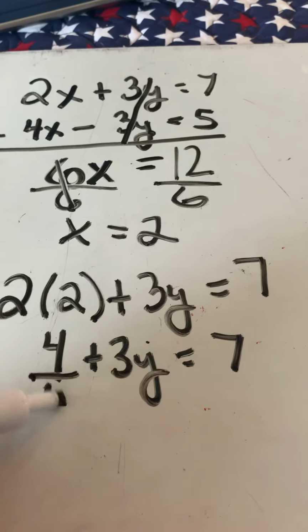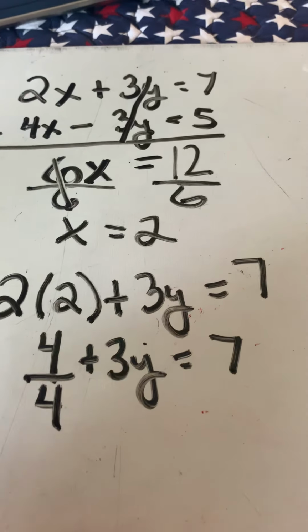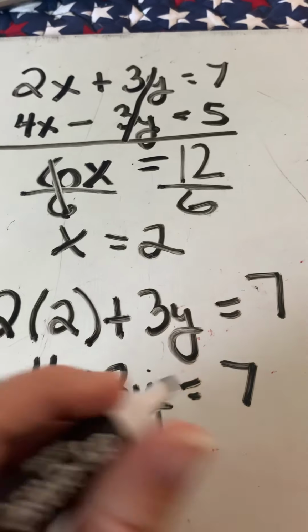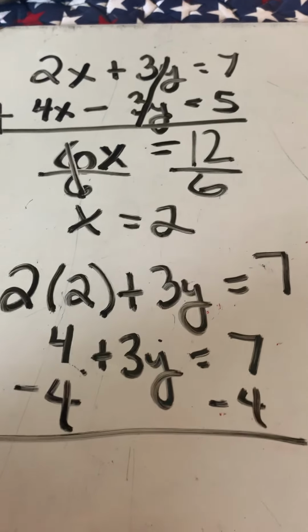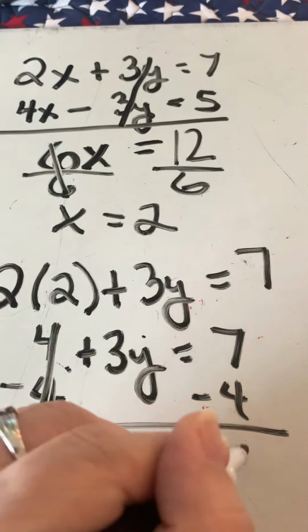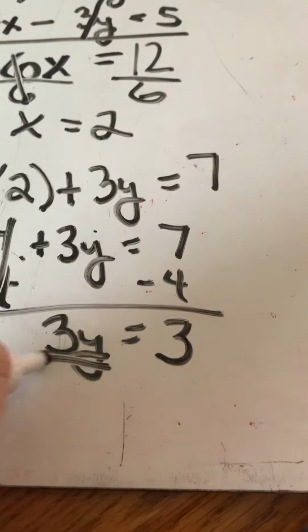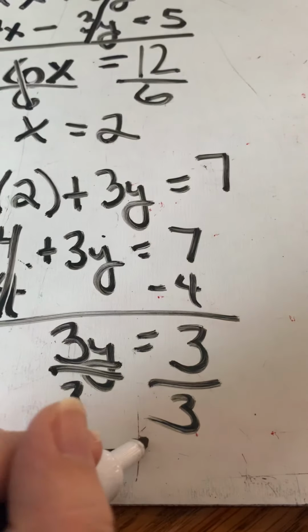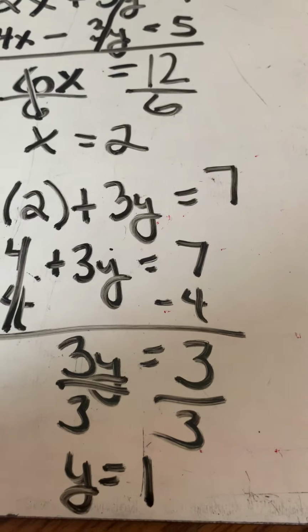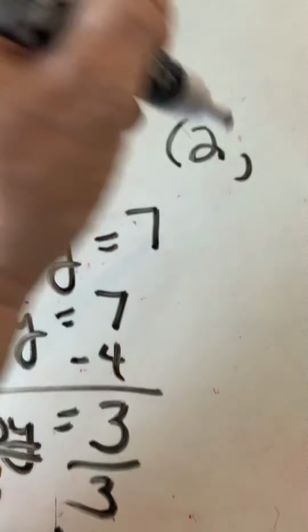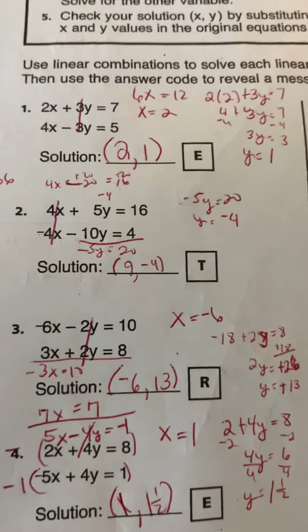I subtract 4 from both sides, and that gives me 3y equals 3. Now I divide each side by 3, so y equals 1. The solution for this linear system is x equals 2, y equals 1.